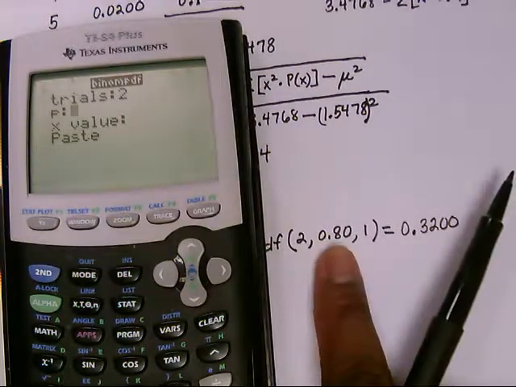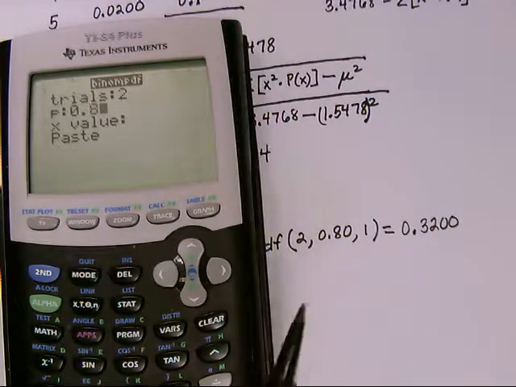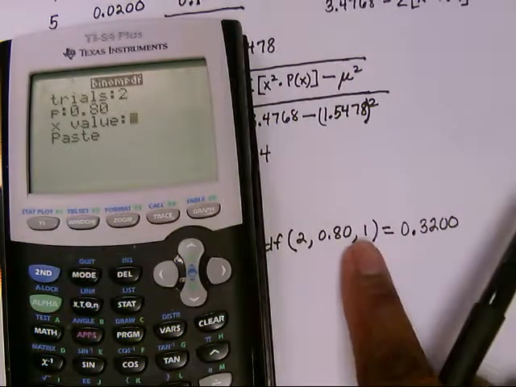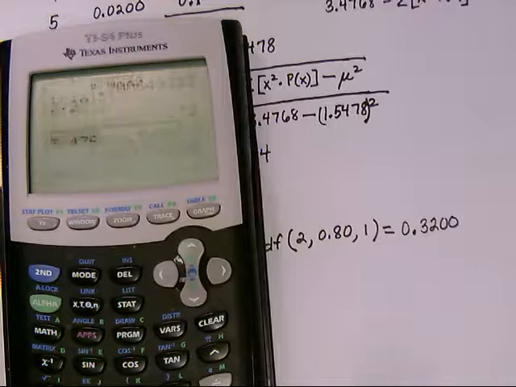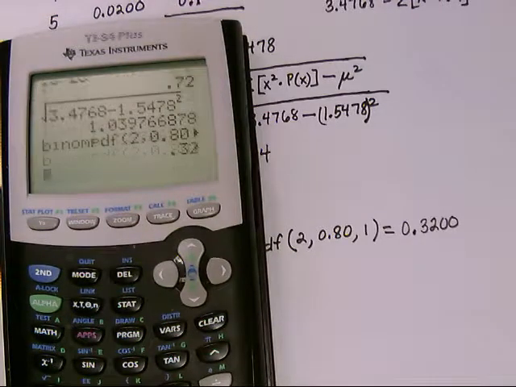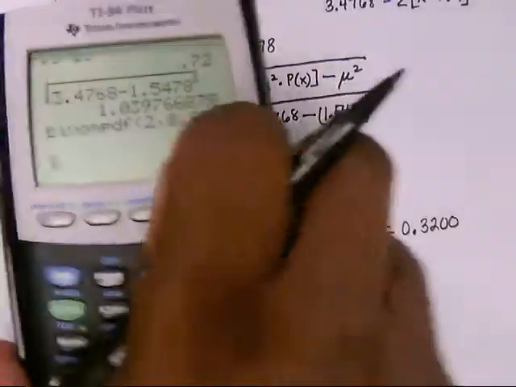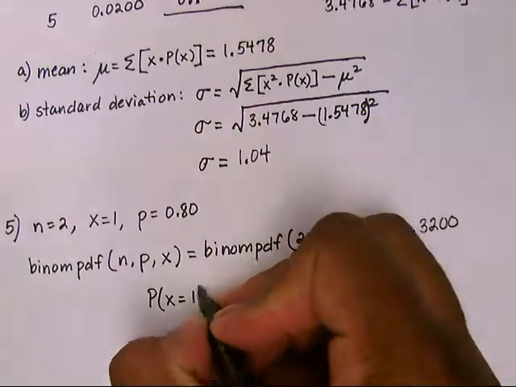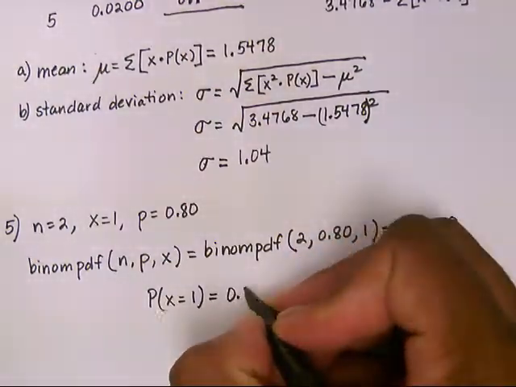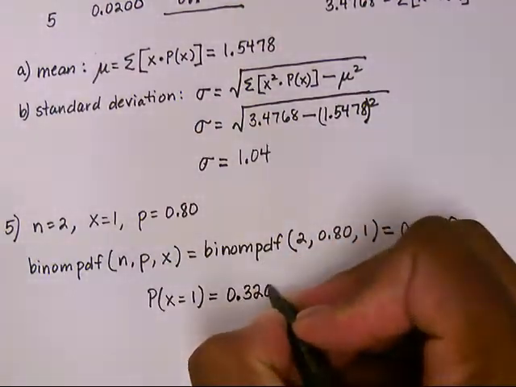The p is that probability value, that's going to be 0.80, and the x value is, of course, the 1. That's what x is equal to. And then you press enter to highlight paste, and then press enter, and then press enter a third time. You'll see that it'll end up being 0.32. And here I carried it out to 4 decimal places, so it'll be 0.3200. So now the probability that x is equal to 1 would be 0.3200.